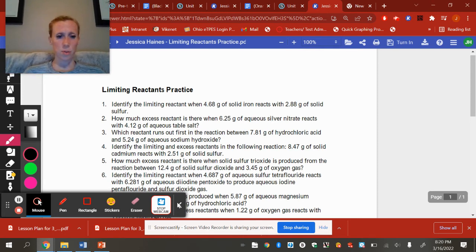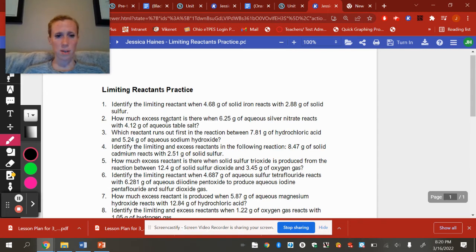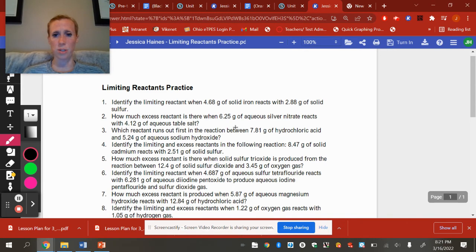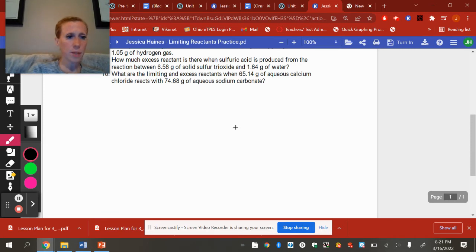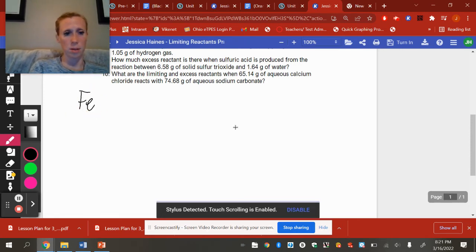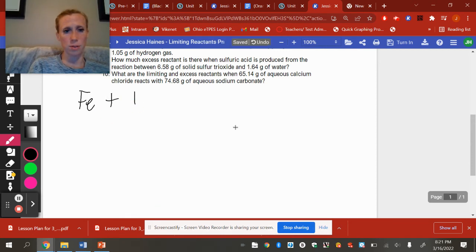So this first question says, identify the limiting reactant when 4.68 grams of solid iron reacts with 2.88 grams of solid sulfur. So I'm going to pop down here. I'm going to write and balance an equation for solid iron reacting with solid sulfur.